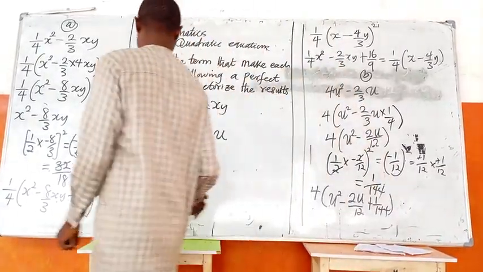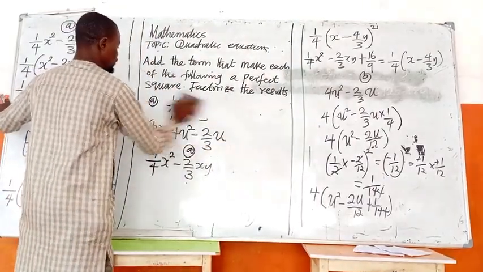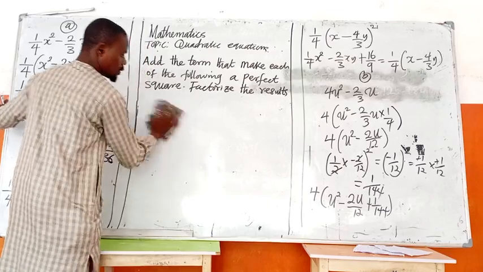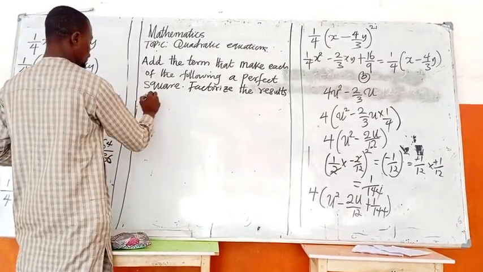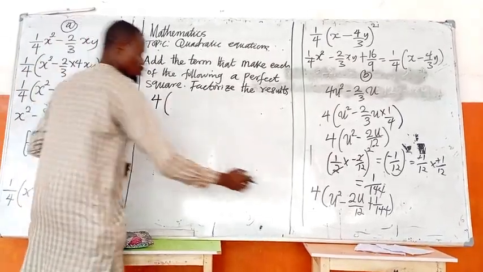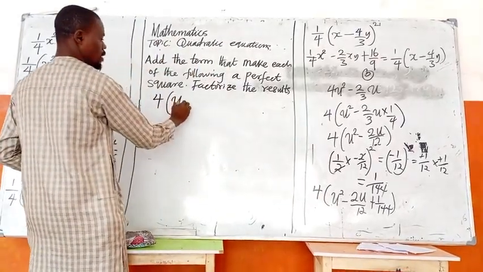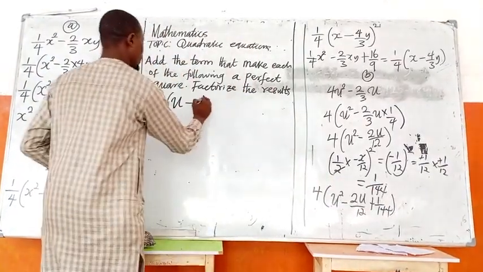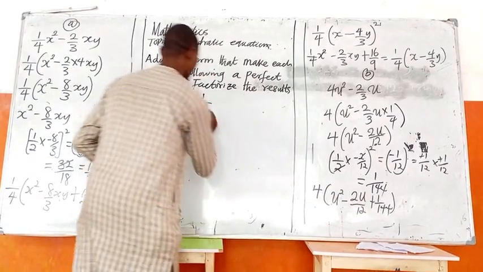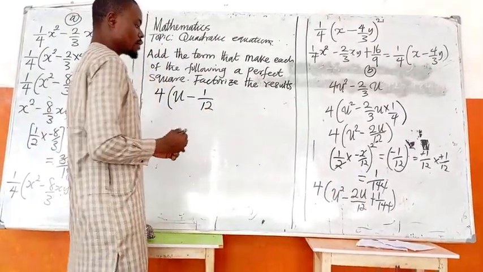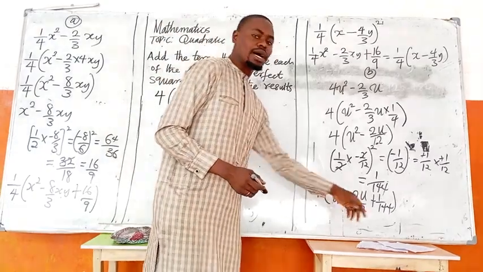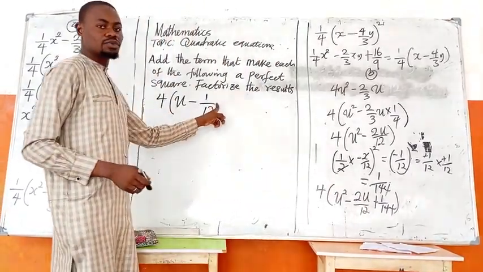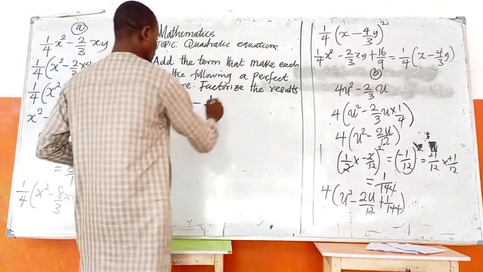If I want to factorize that, I'll have 4 open bracket, the square root of u squared is u, minus, then the square root of 1 is 1 over the square root of 144, which is 12. If you look at this question, there are no 2 letters, it's only 1 letter, which means this side will not attach to any letter. Then close bracket, which is squared.